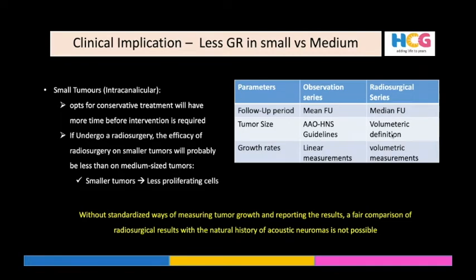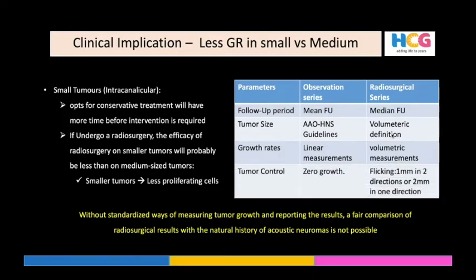The growth rates in observation series are linear dimensions, which is not followed in radiosurgery, where we look into volumetric measurements. And lastly, when you say tumor control, in the observation series it is all about no growth. But here we use the Flickinger definition, where it is 1 millimeter in two directions or 2 millimeters in any one of the directions.